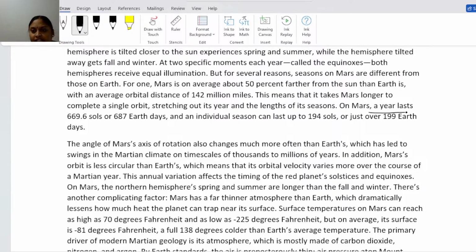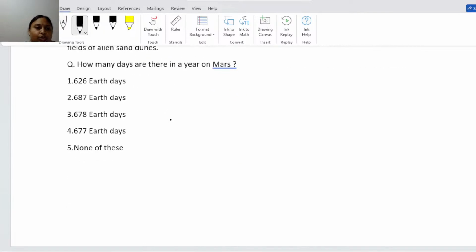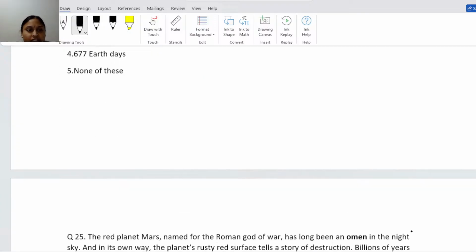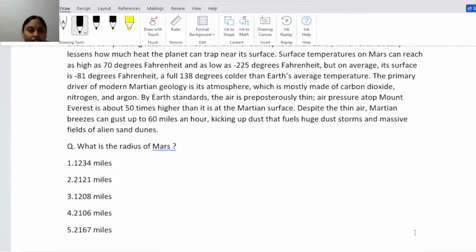On Mars, a year lasts 669.6 solar days or 687 Earth days. So according to the question, we are supposed to take 687 Earth days as the answer. So we will go for the 25th question. What is the radius of Mars?